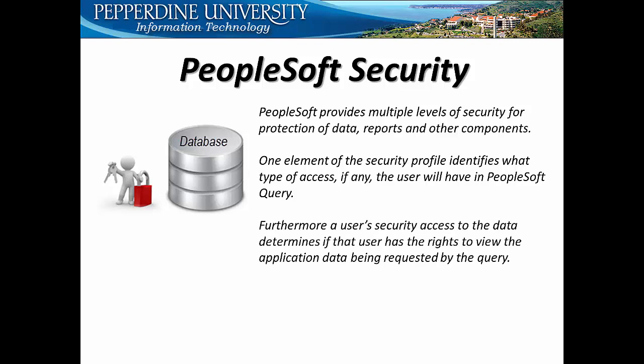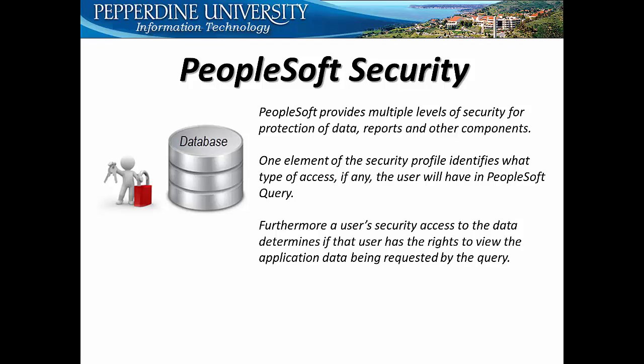Furthermore, a user's security access to the data determines if that user has the rights to view the application data being requested by the query. For example, you may be allowed to only access and specify certain records when building and running queries. And within those records, row-level security enables you to only specify the data that you are permitted to access.